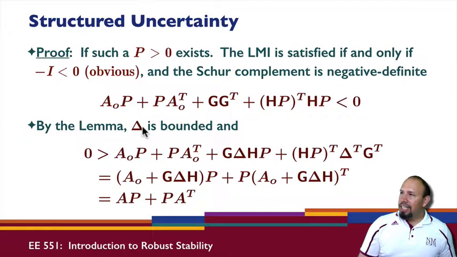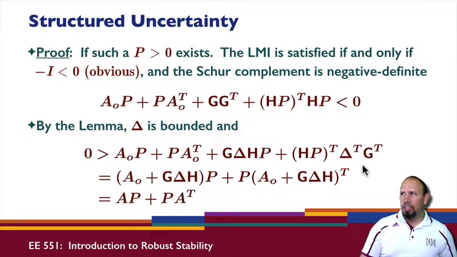By the previous lemma, we know that delta is bounded, and the fact that delta is bounded, we have that these two terms are greater than or equal to these two terms. Okay, and so if this inequality is satisfied, then this inequality is definitely satisfied.